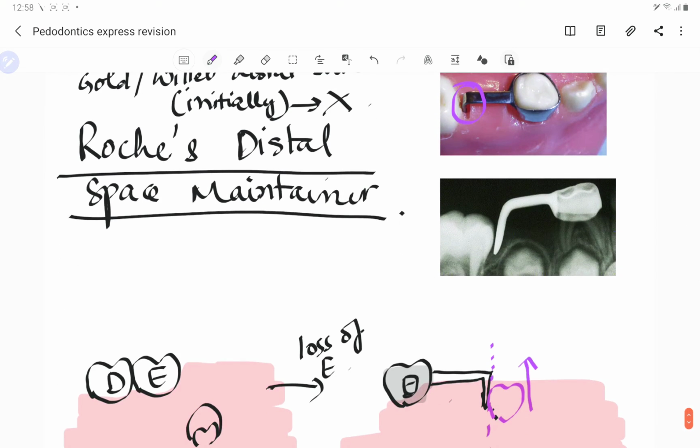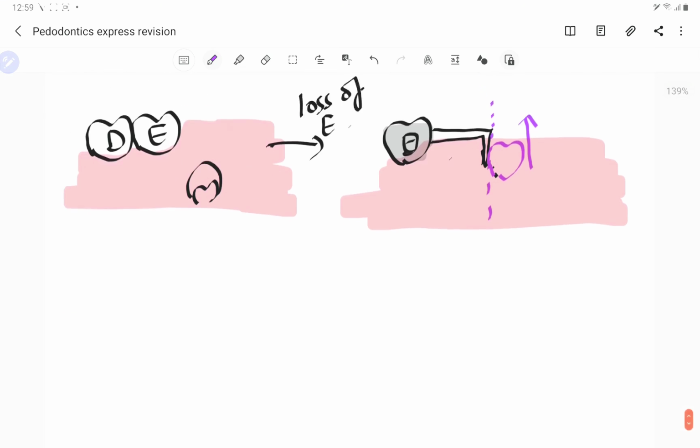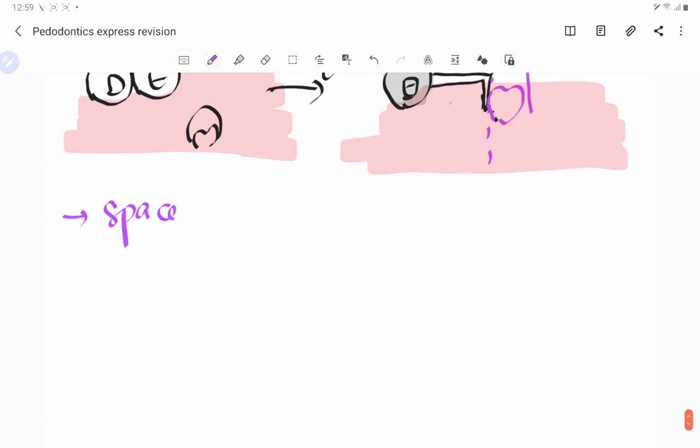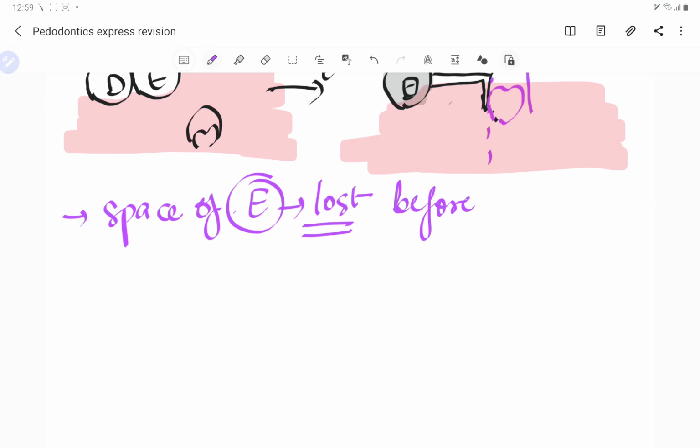If you can see here, this is unerupted, right, guys? So this 6th tooth, which is the first permanent molar, is taking the course of eruption according to the distal shoe space maintainer, and that's the added benefit of the distal shoe space maintainer. To maintain the space of the E which is lost, the second primary molar which is lost before the eruption of 6.